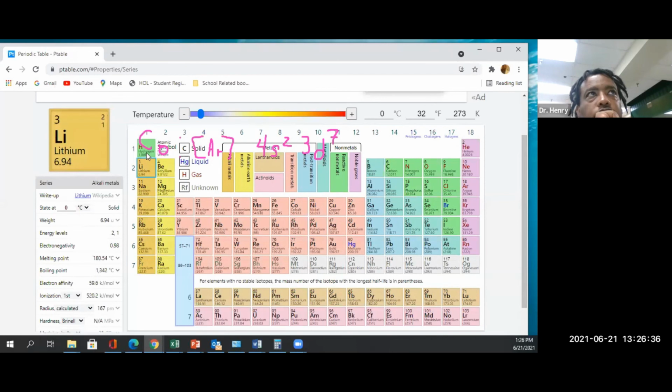So we're looking at just the S and the P, right? If we look at period 2, count across, how many boxes are there in period 2? 8.